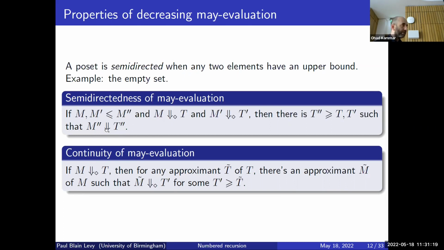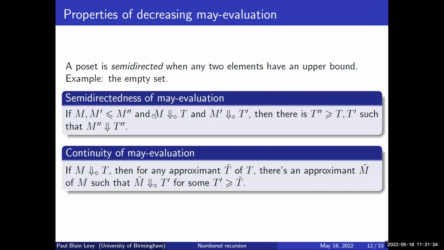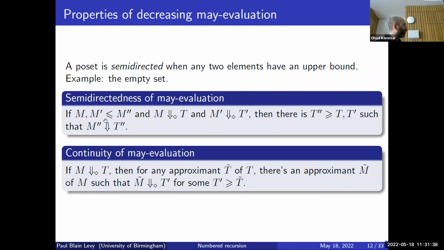There's a missing diamond here. This is actually equivalent to a combination of two statements: first, that we have upwards monotonicity for may evaluation, and secondly, that the set of things you may evaluate to is semi-directed. Those two together are equivalent to this, but this way is convenient for proving, since you just do it by induction.